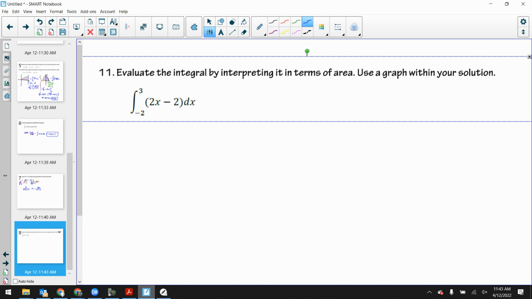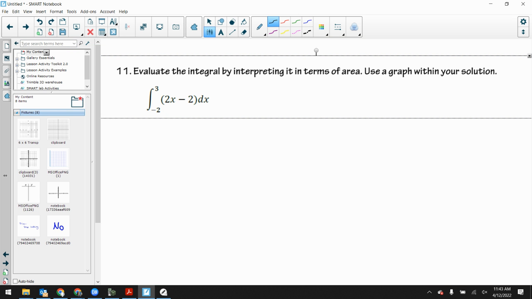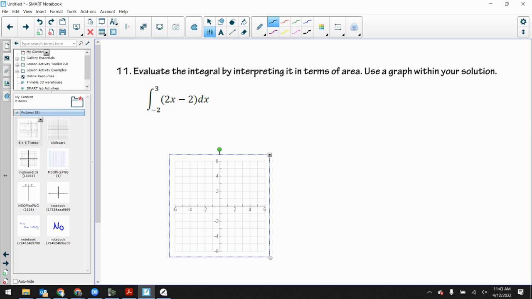So this is the one where I'm going to ask you to graph out that function and then use that to find the area using the integral. Let me get a graph real quick. 6 minus 2 is 4.